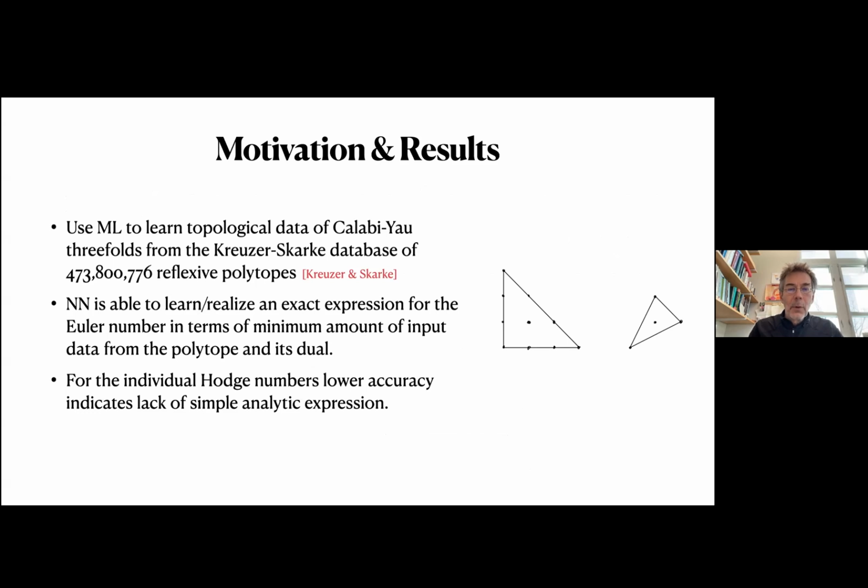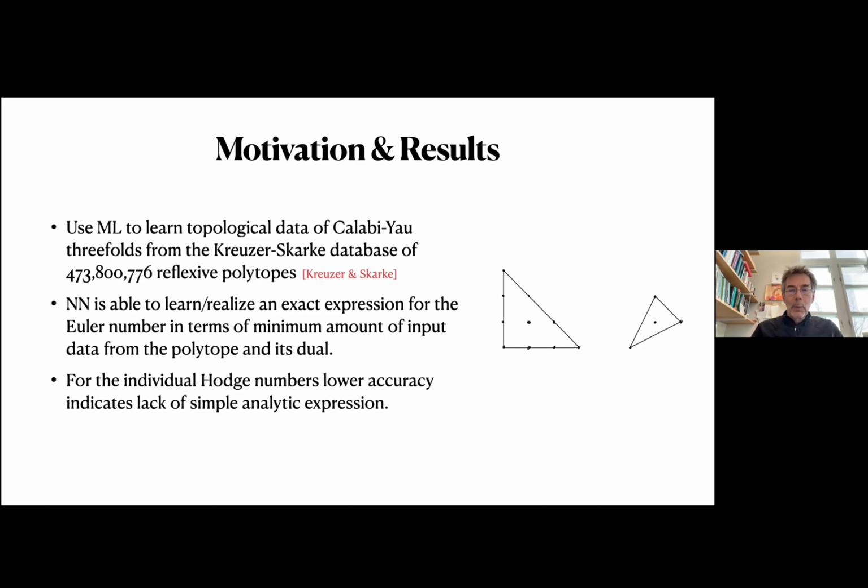Excellent. So let me state the motivation and the results from the very beginning, in case people are having to run off for coffee or the usual kind of thing. What we're doing is using machine learning to learn certain topological data from everyone's favorite Calabi-Yau database, the Kreuzer-Skarke database. Well, it's one of the many databases.